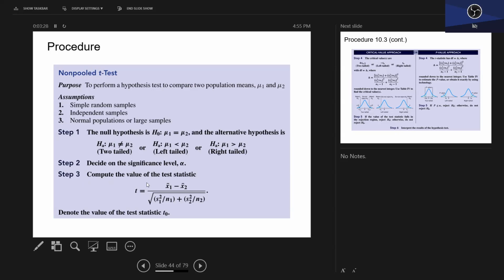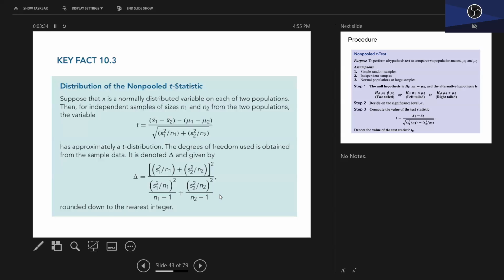And step 3 is the test statistic. This format comes from the fact that we do not have the same numerator, because the denominator stays the same. You can tell it is the square root of s1 squared over n1 plus s2 squared over n2.